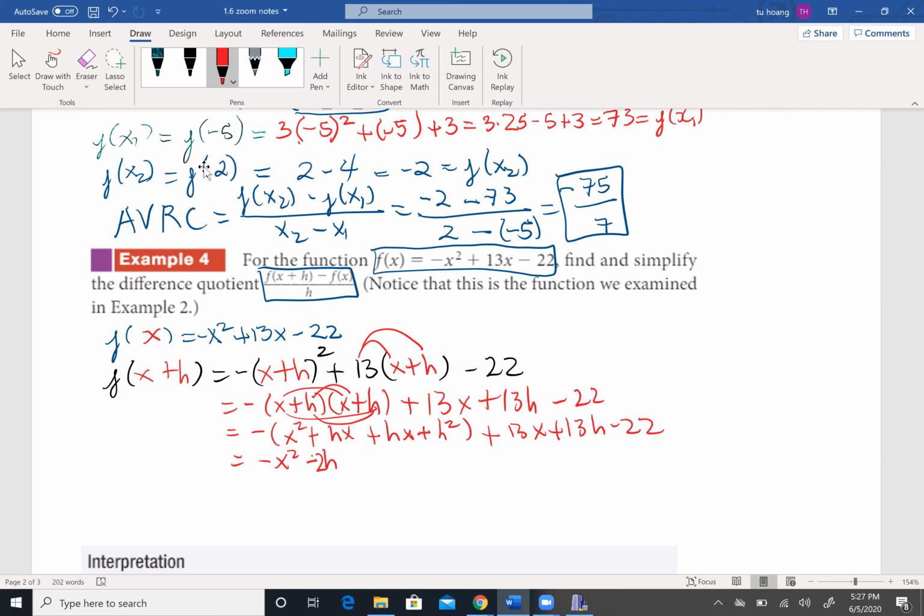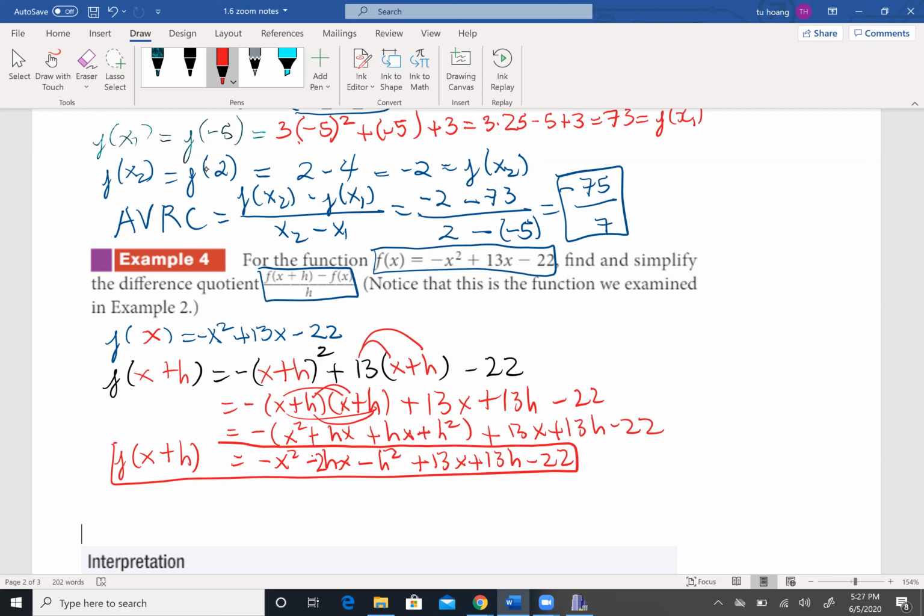Then I have plus 13x plus 13h minus 22. This should be the form of f of x plus h, and I need this for later to plug in, so I'm going to circle it, because it's important to me.